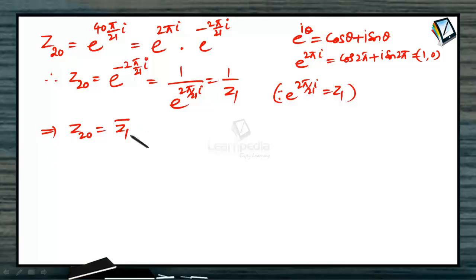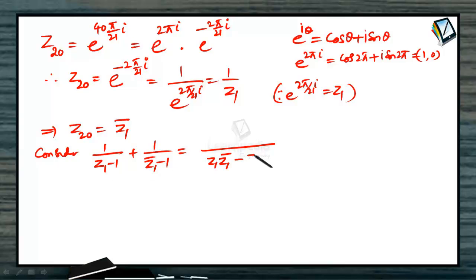Now let us consider 1 by z1 minus 1 plus 1 by z1 bar minus 1, which is a conjugate. If you simplify and take the LCM, this becomes z1 into z1 bar minus z1 bar minus z1 plus 1 in the denominator, and the numerator is z1 bar minus 1 plus z1 minus 1, which becomes z1 plus z1 bar minus 2.